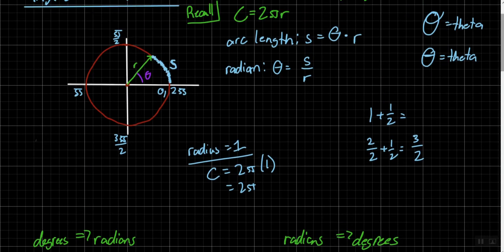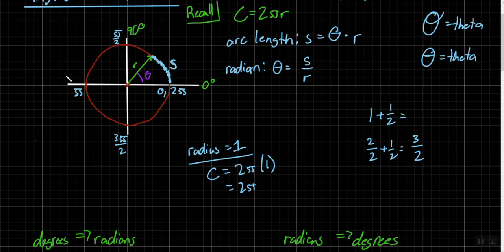Well, you know that. So this is 0 degrees, right? We start at 0. Okay, let's do the degrees. What is the degrees up here? Pi divided by 2. How many degrees am I at? 90.